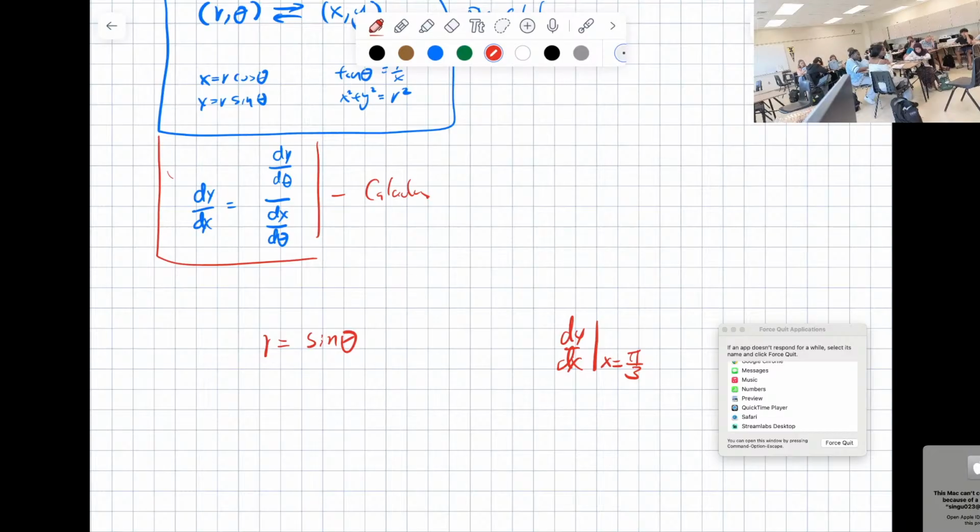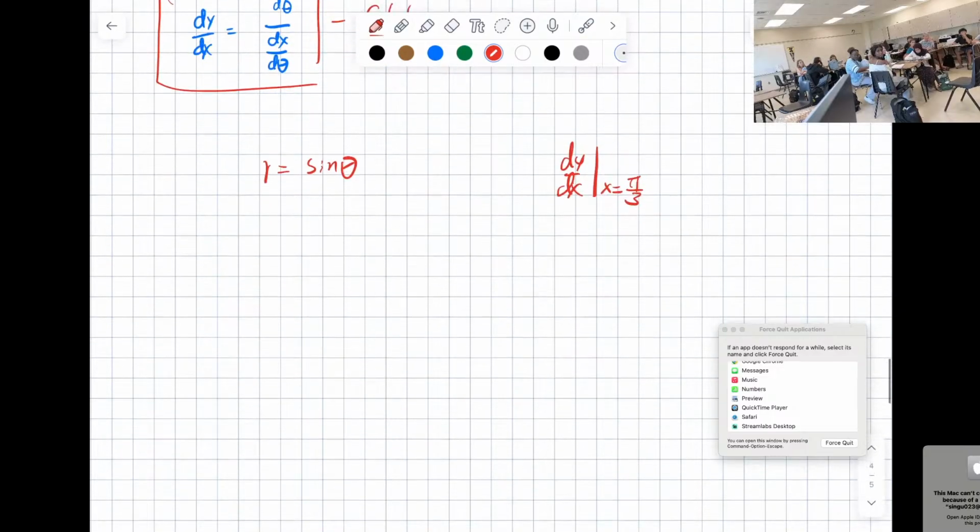No. So how do I get this to rectangular? x equals r cosine theta, but what is r? So can I just replace r with sine theta? That's going to be sine theta cosine theta. Does that make sense?